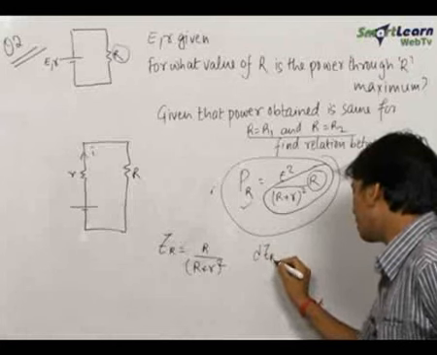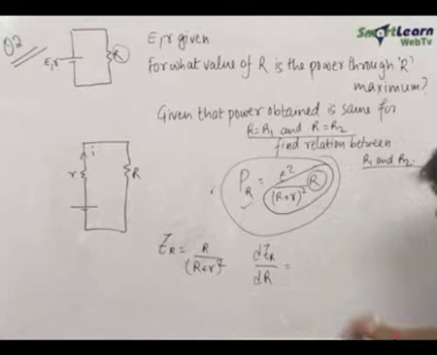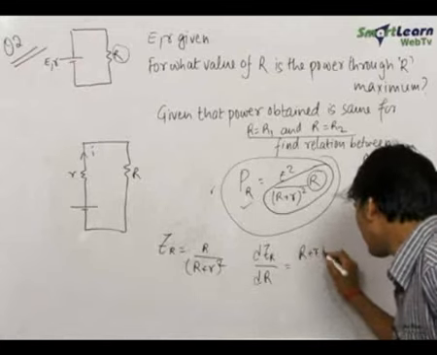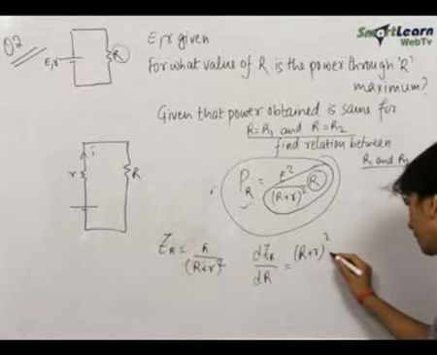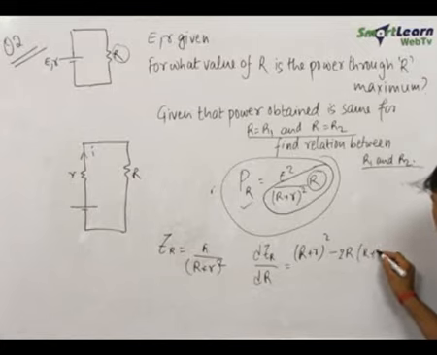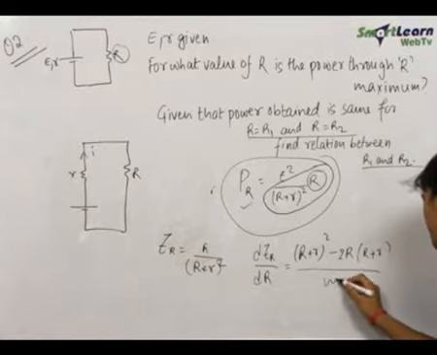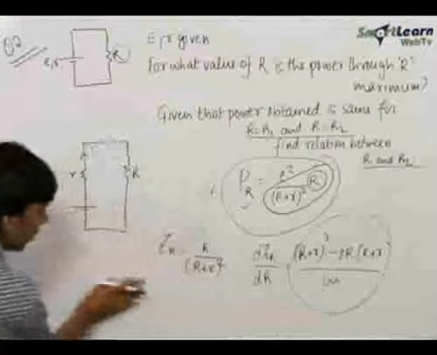dZR upon dR will be equal to R plus r whole square into derivative of R with respect to R, that is equal to 1, minus R times 2 into R plus r, upon some denominator. Now we have to equate this term to be equal to 0, therefore we equate the numerator to be equal to 0.